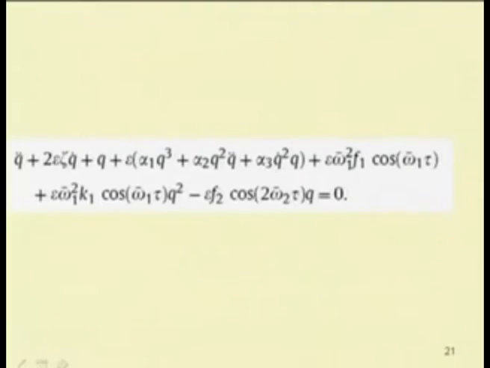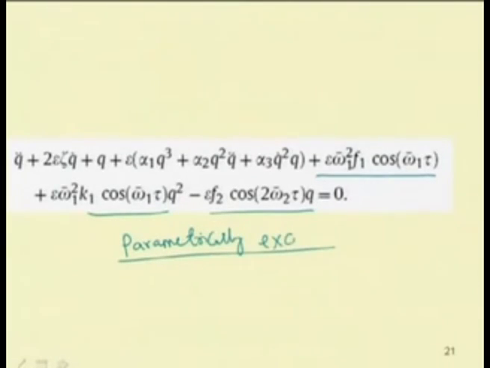In this case, you can observe that this is a force term, that is epsilon omega 1 square f 1 cos omega t tau, and these two terms are parametrically excited. So, these two are parametrically excited terms and this one is the force excited term.